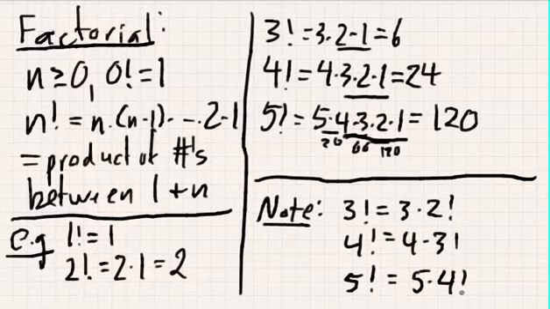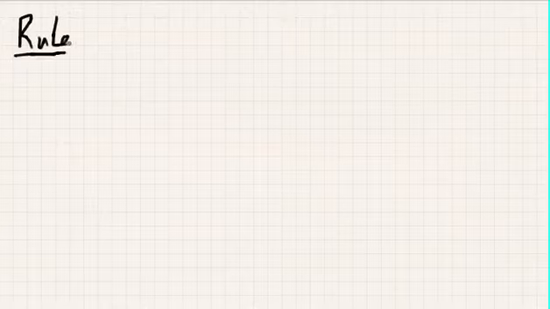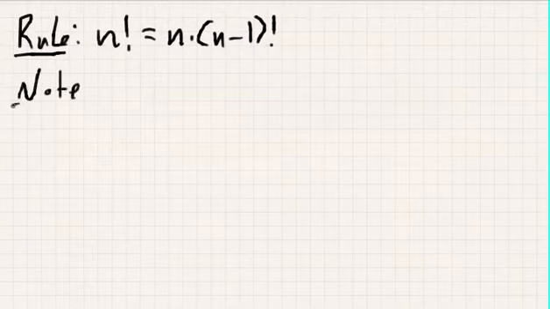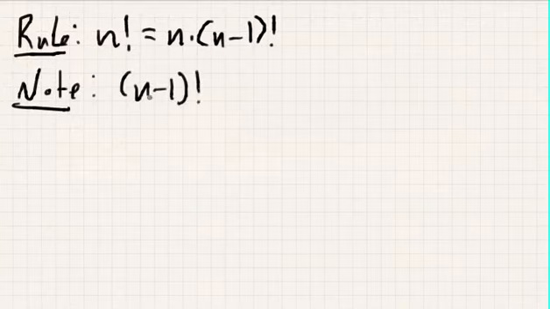Okay. This actually gives us a nice formula or a general rule for computing factorials. I can compute n factorial by taking n and multiplying it against the previous factorial. And let's note here that when I write n minus 1 factorial, this means take the factorial of whatever n minus 1 is.